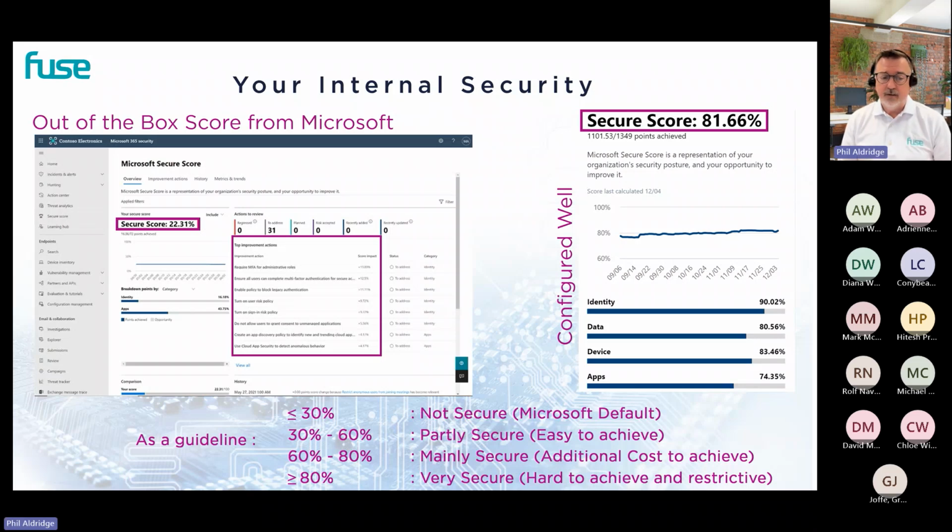Because it's very, very straightforward, but everybody just assumes, I have Microsoft, I've implemented it, it's all good. Therefore, Microsoft's a very secure company, which they are. They're the world's biggest security company. They spend more on security than anybody else on the planet. But you've got to make it secure for your tenant, for your account. So biggest takeaway from today's meeting, please make sure you do this.